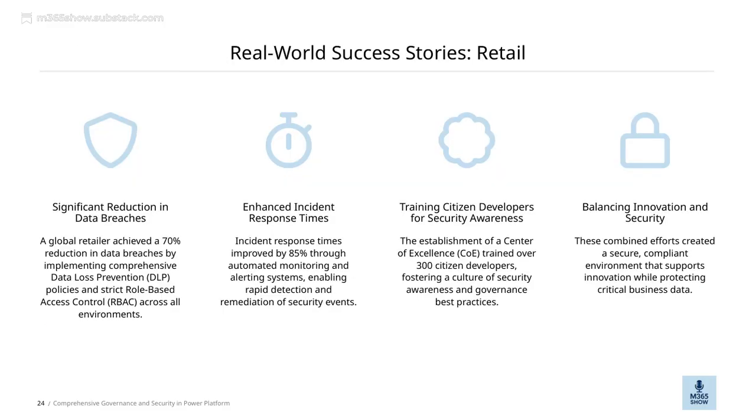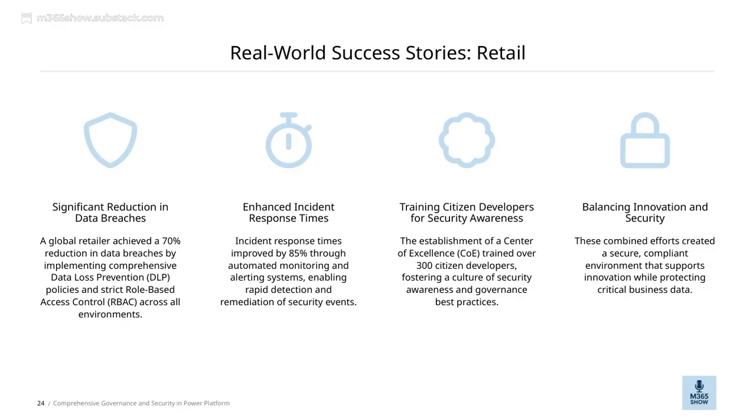Let's take a look at some real-world success stories from the retail sector that highlight how comprehensive governance and security in the Power Platform can make a difference. First, balancing innovation with security is crucial. These efforts have helped create a secure and compliant environment that not only safeguards critical business data, but also enables teams to innovate confidently.